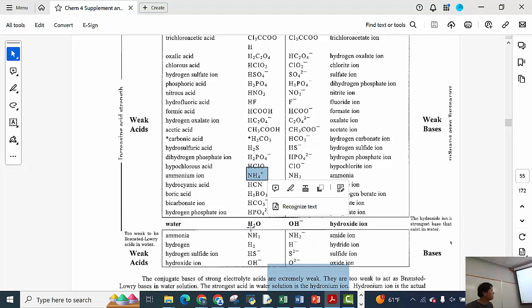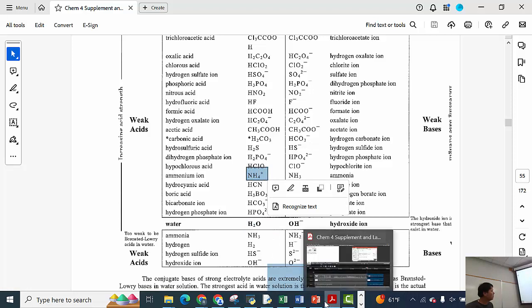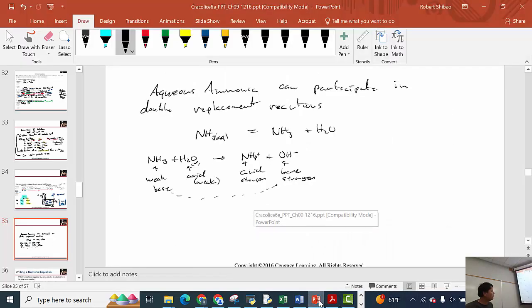Ammonium is a stronger acid than water. And what did I say about going uphill? It's not driving force. Yeah, there's no driving force, but it depends on how uphill this is. You know, we have different levels.